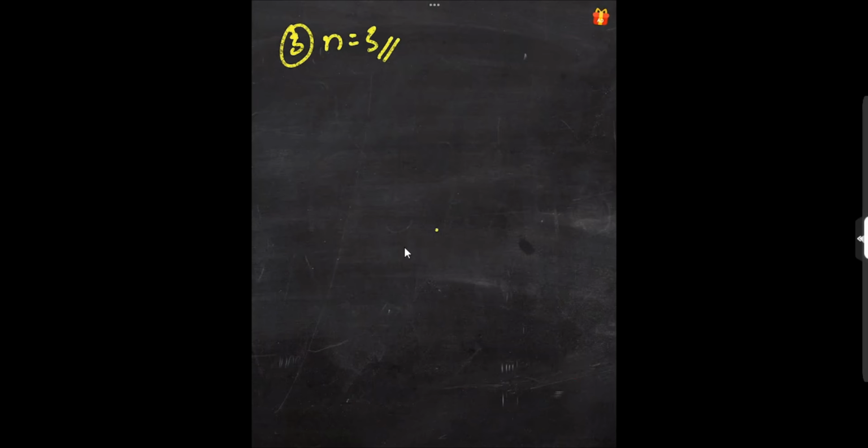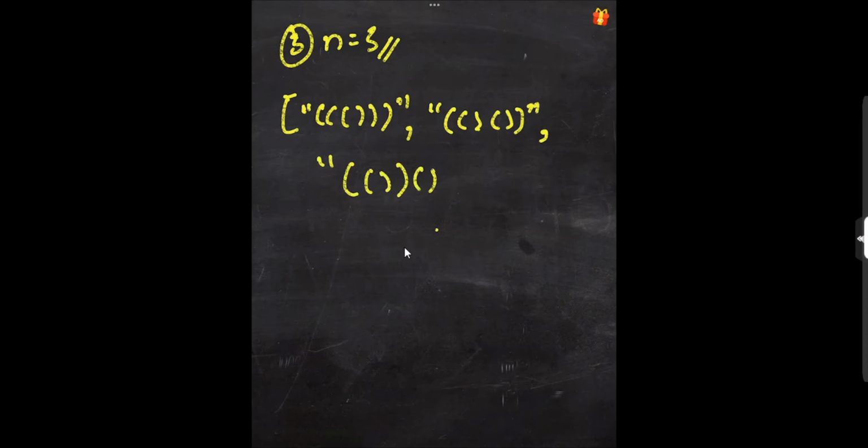So the output will be either this one, this one, this one, third one, this one, and finally this one, right?